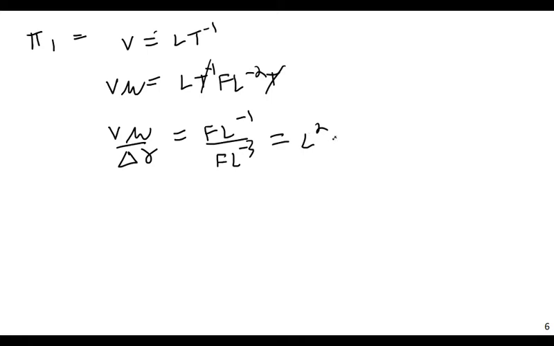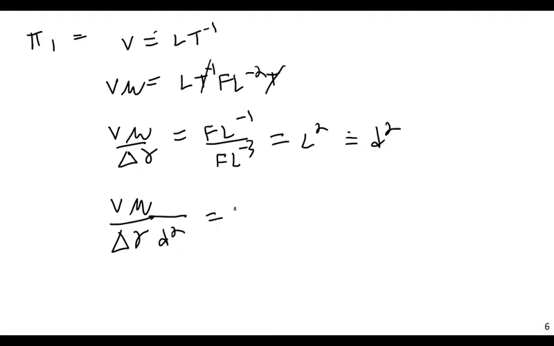However, L squared has the same dimensions as d squared. So from this, I can actually make my pi term be V times mu divided by delta gamma d squared.